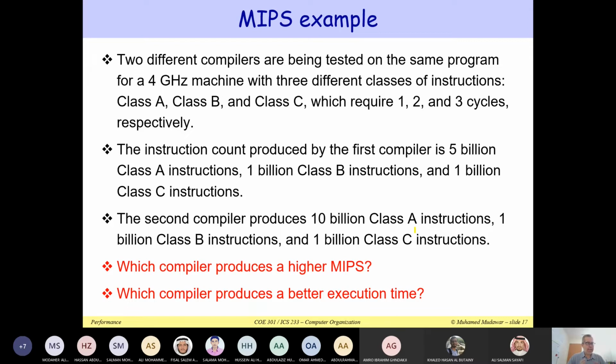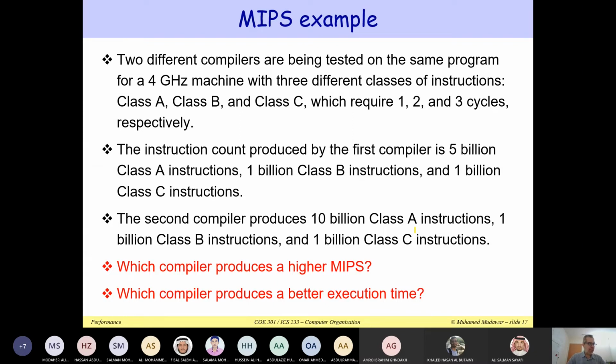So if you are using C or C++ compilers, you would like to compare, let us say, a compiler from Intel and a compiler from Microsoft, maybe also the GNU C compiler, the GCC, which is open source. You would like to compare them and see which compiler can give you faster code.